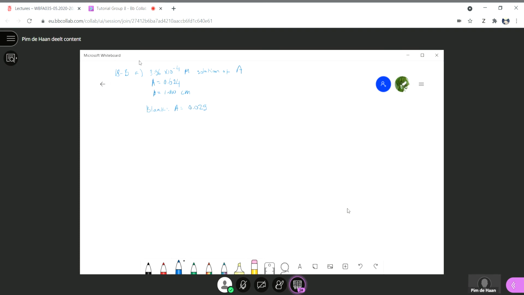Okay, so this is what we know from the question. I always like to write down what you know from the question first. And yeah, okay. So we need Lambert Beer. Already discussed it briefly.